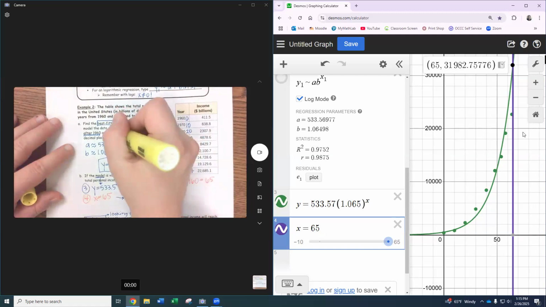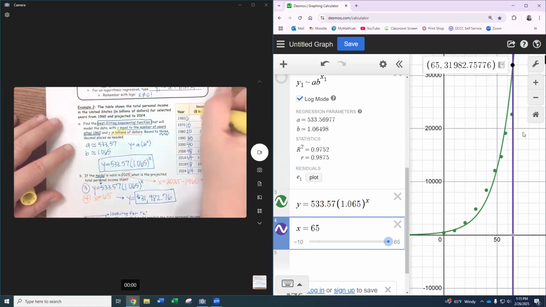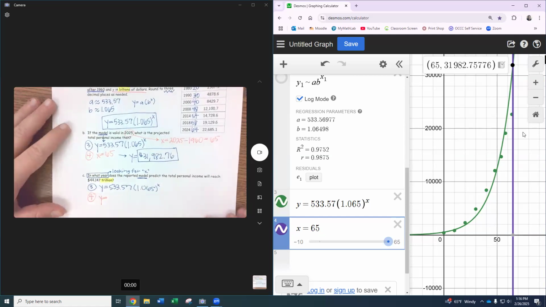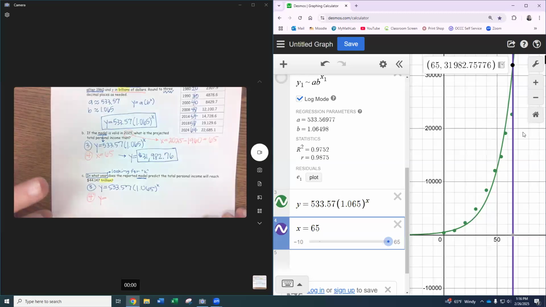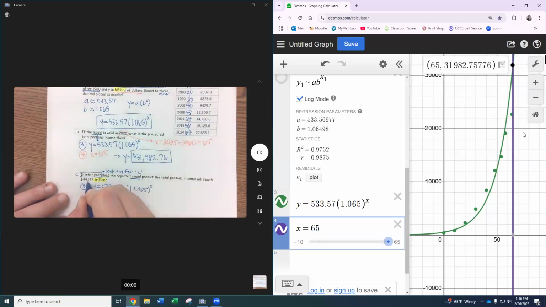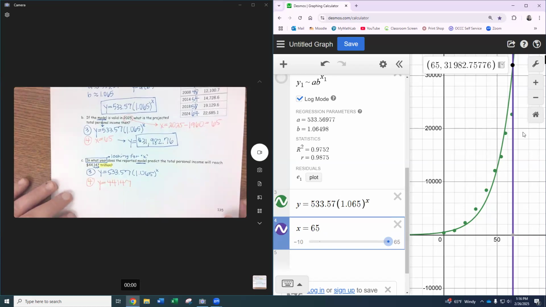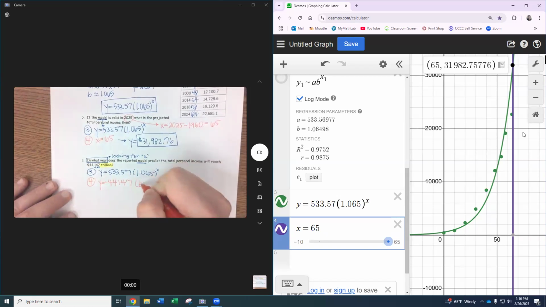Y is in billions. So my units are a little bit off. All you need to do here is move your decimal over 3 spots. So you'll move it over 1, 2, 3. And so this will be 44,147, because now that is in billions.